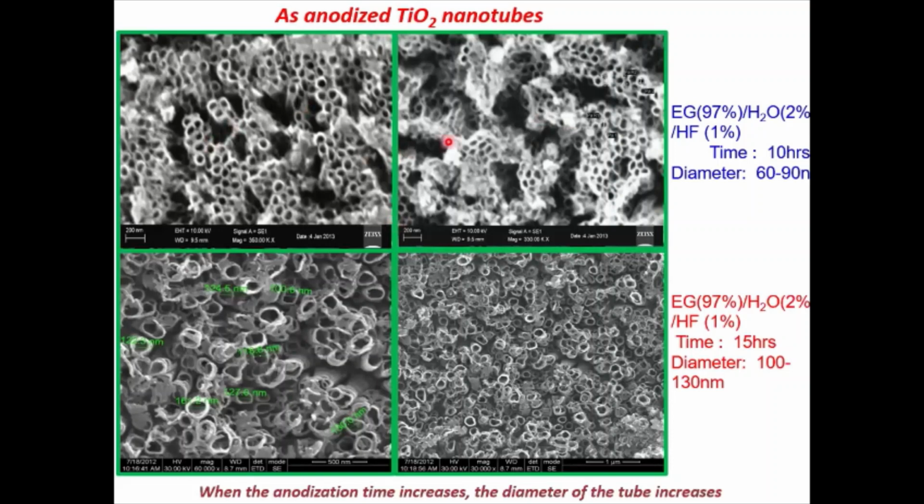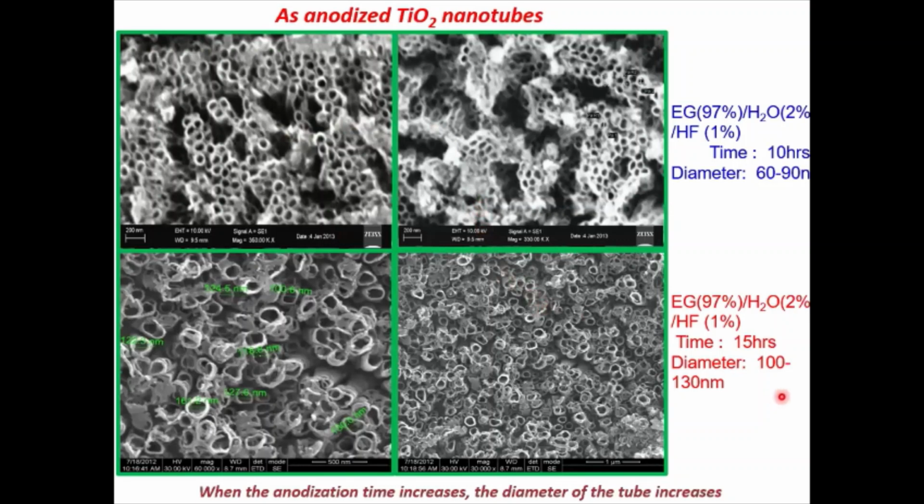So these are two different dimensions. This is with ethylene glycol 97% and a time of 10 hours, and a time of 15 hours, diameter still large, 100 to 130 nanometer diameter of tube. Both are anodization processes; this is for 10 hours and this is for 15 hours.